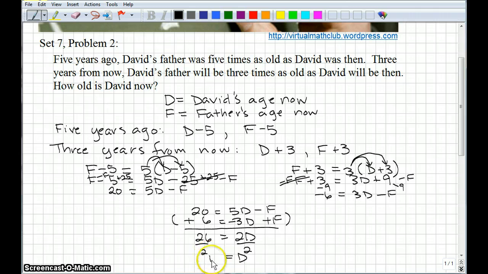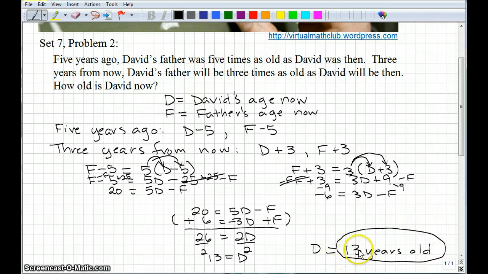So d is equal to 13. And we defined d as David's age now. So d is 13. So David is 13 years old. Okay? Cool. So that is our answer.